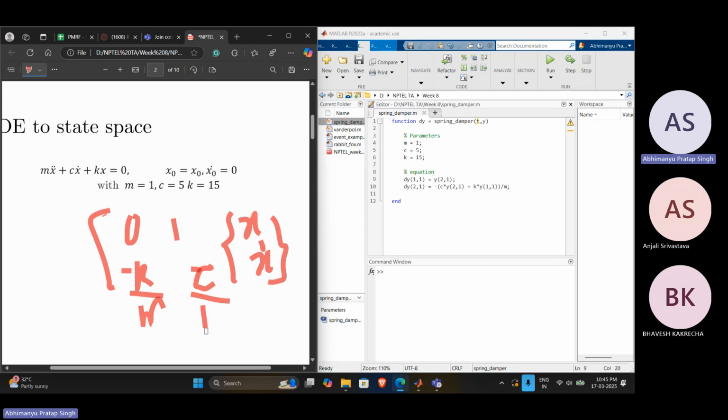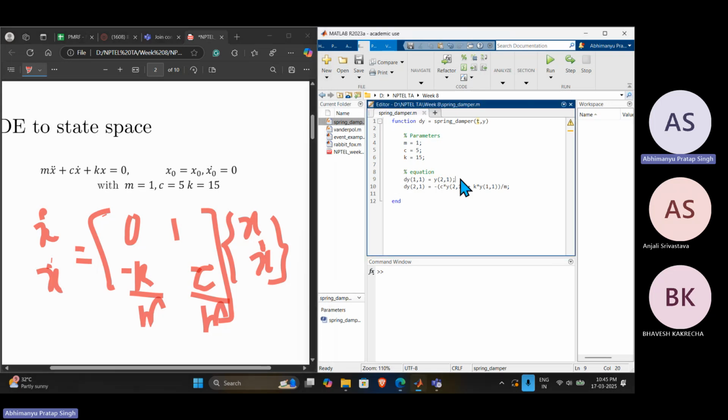Okay, and this was x dot and x double dot, right? So this is just 0 1 times x, x dot. So I will be getting x dot is equal to x dot. So this is basically my y.